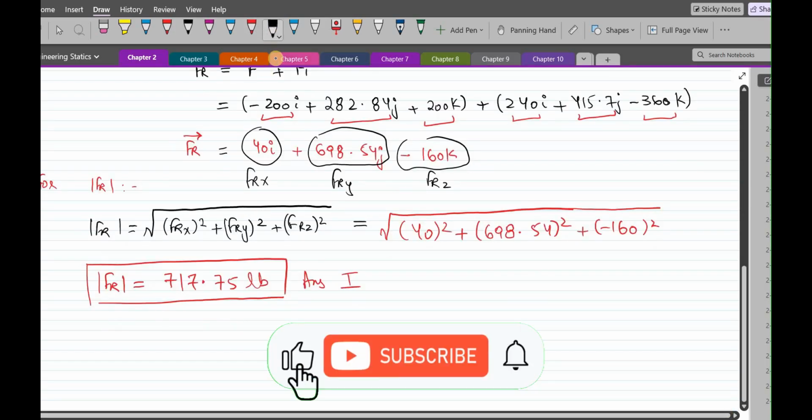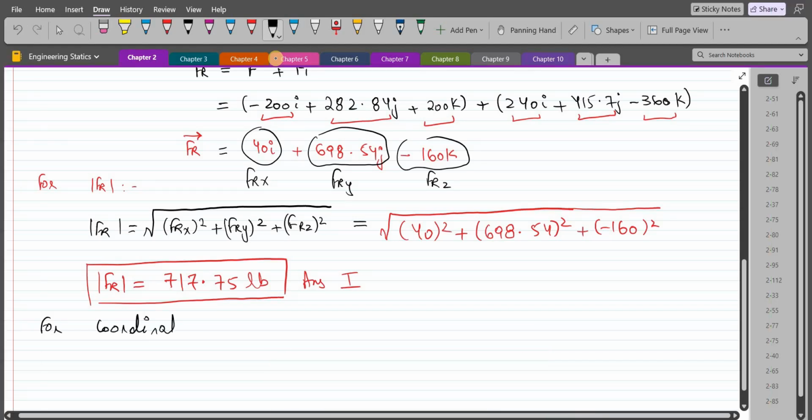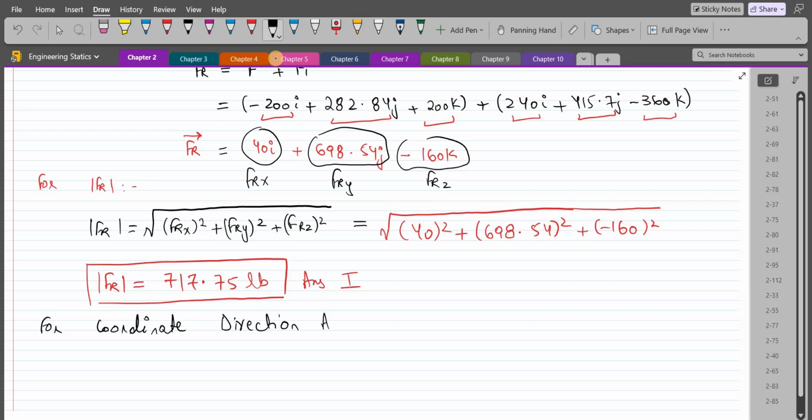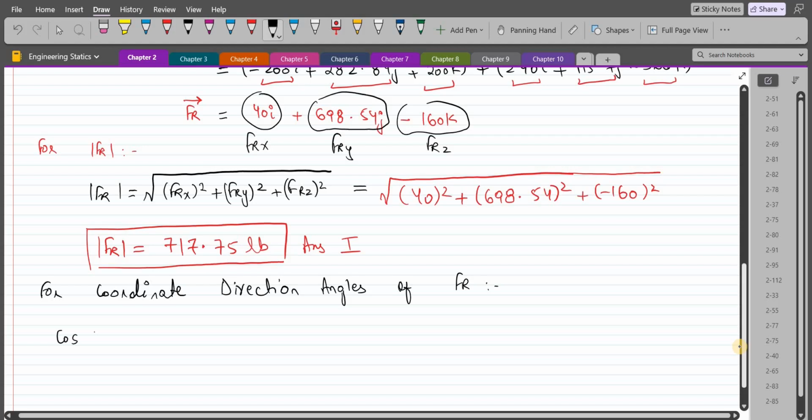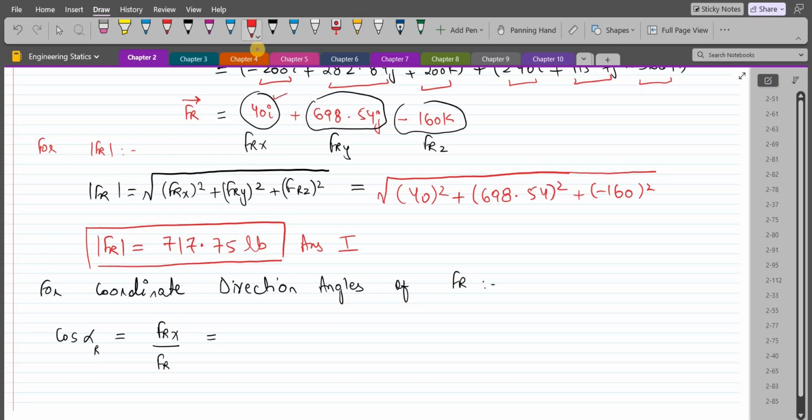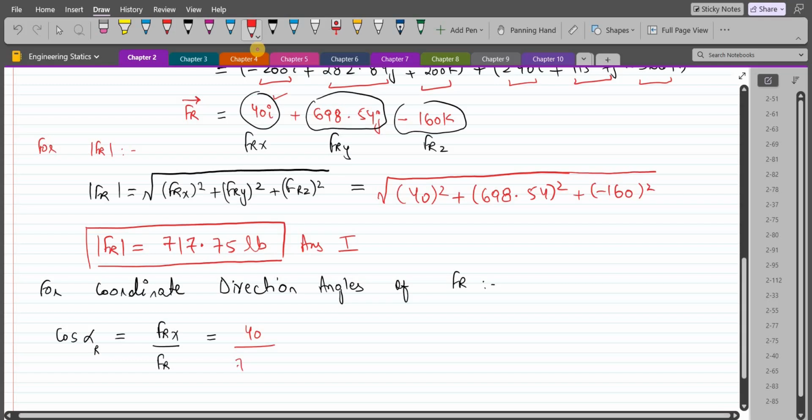Now for the coordinate direction angles of the resultant force, we have cos alpha of the resultant force equals FRx divided by FR, so we have 40 over 717.75.